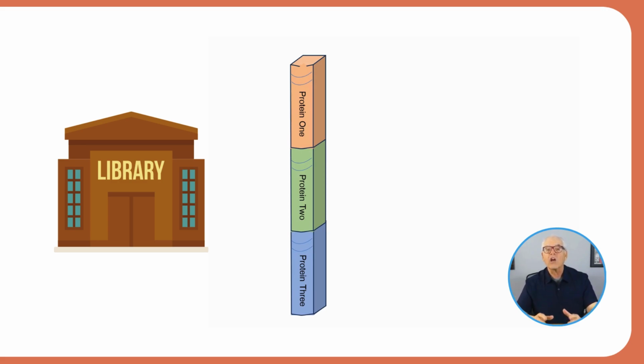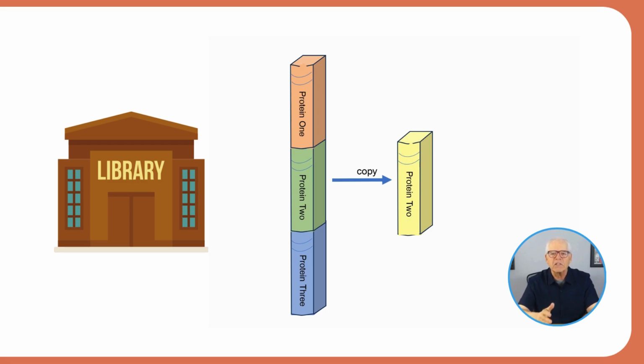Instead, when the cell wants to make a particular protein, it makes a copy of that specific book of instructions, and the copy leaves the library, goes into the cell cytoplasm, where the copy of the instruction book is read and the protein is assembled.